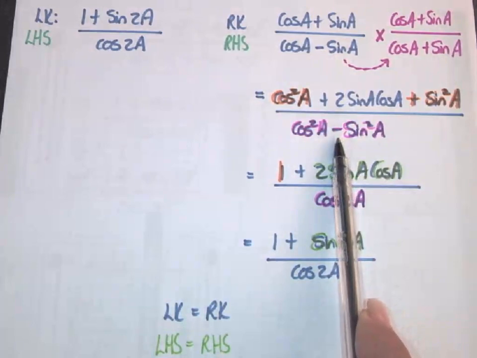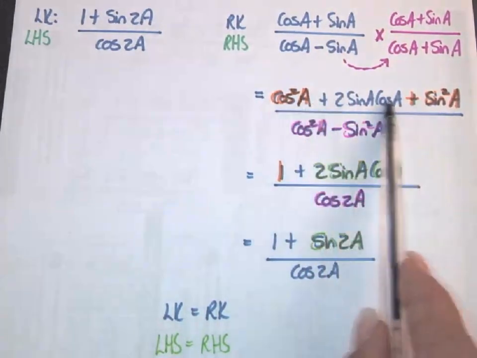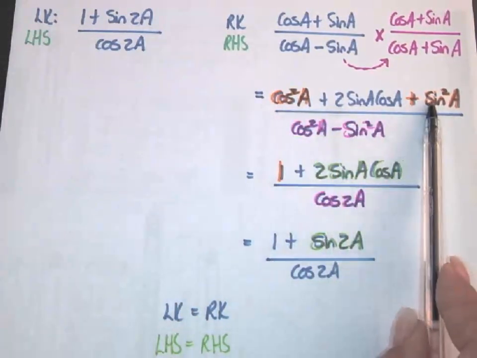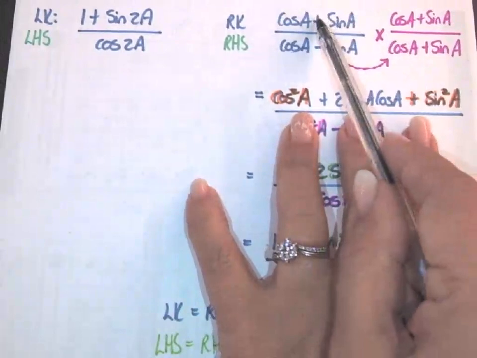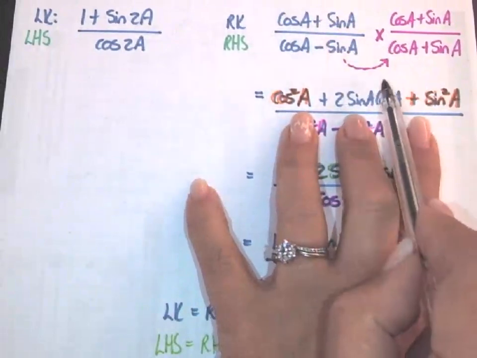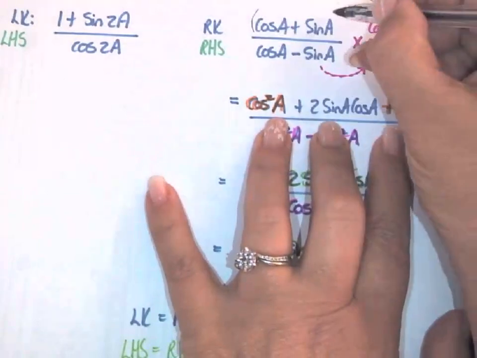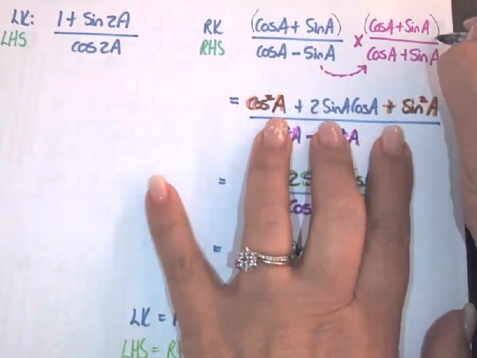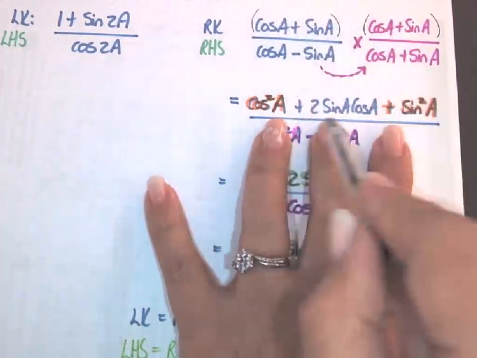Okay, I don't see from there that it should be this, but it comes from multiplying that bracket with this bracket. Then you get the trinomial if you multiply them out. Okay.